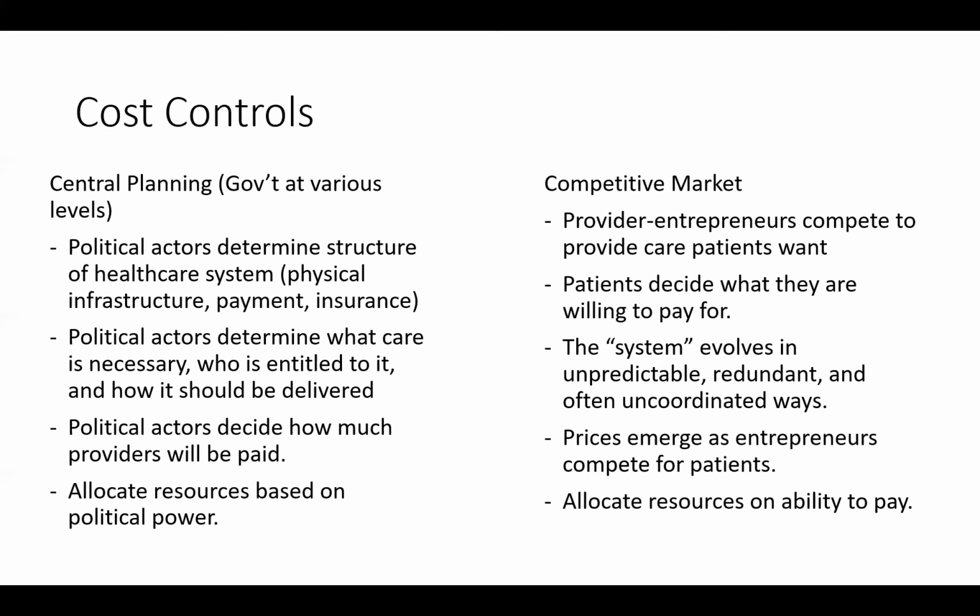And if you're a provider that does high RVU procedures, right, so you do a lot of procedures, you're going to get more RVUs and therefore more money than a provider who primarily does diagnostic and management. So specialists tend to do procedures. Primary care providers tend to do just diagnosis and care.